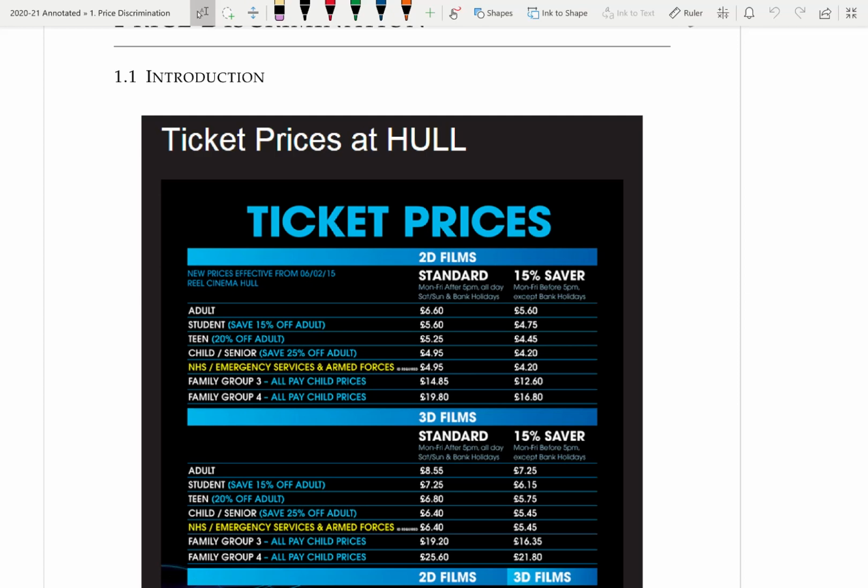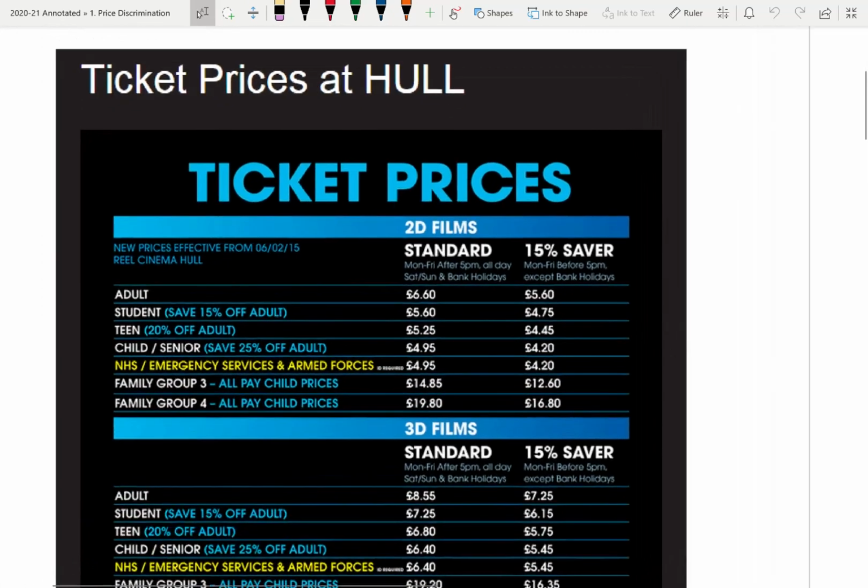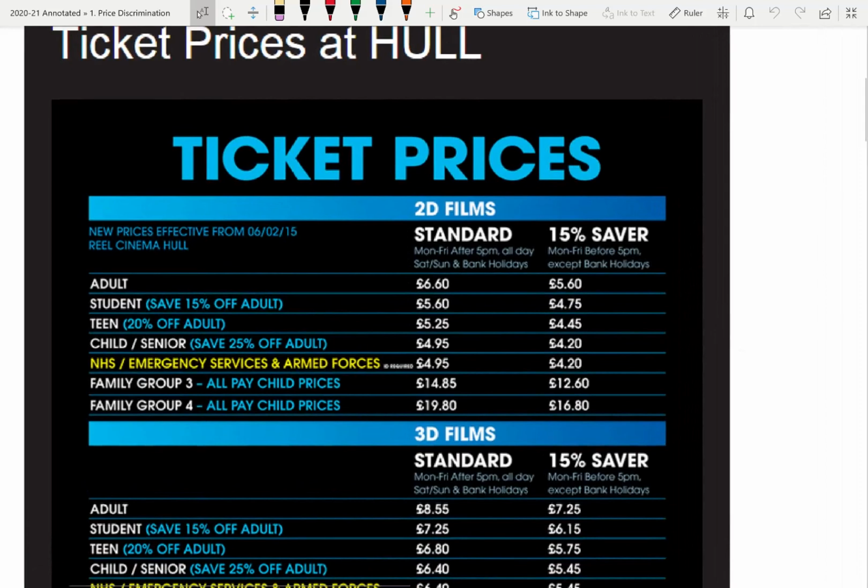So let's look at the 2D films here first, and look at the standard prices on the left here. So if we look at the price for an adult, it's £6.60.